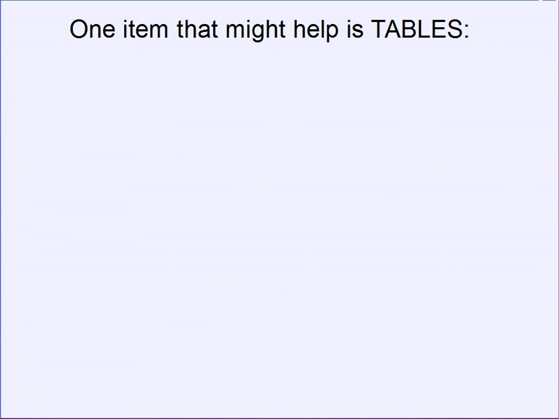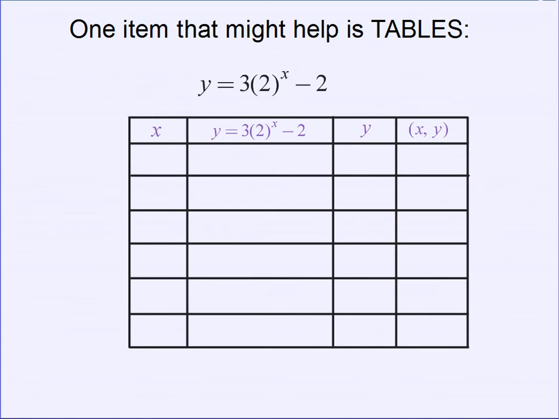One item that might help you in graphing transformations is, of course, a table. Like I said, plotting points is an important part of being able to graph, and tables help us do just that.